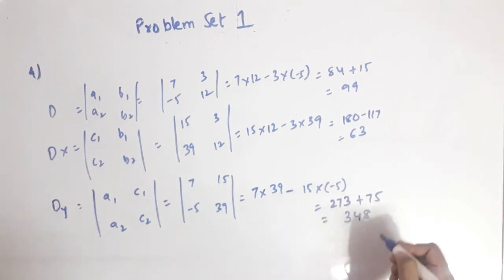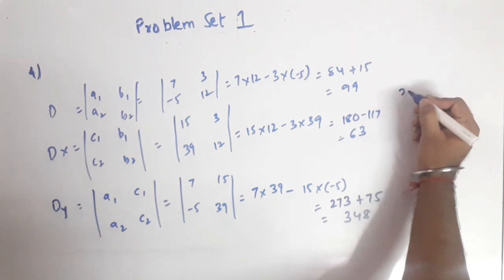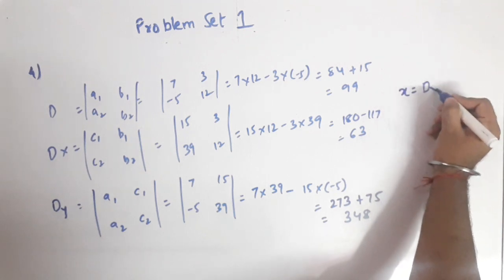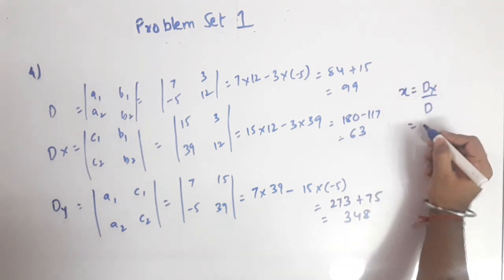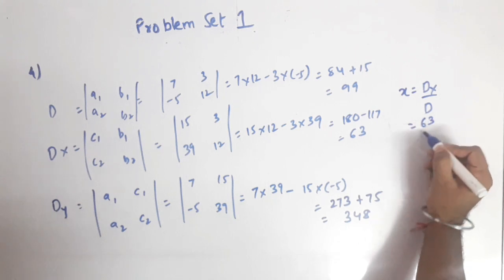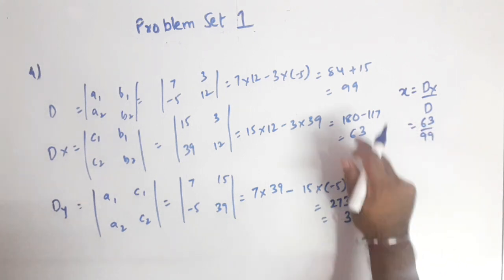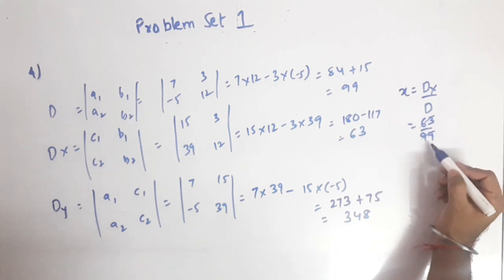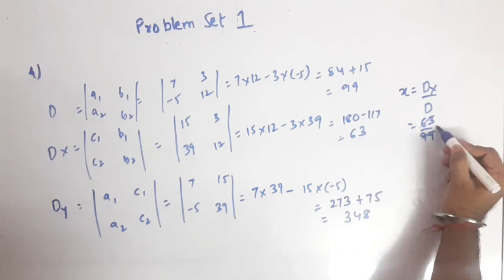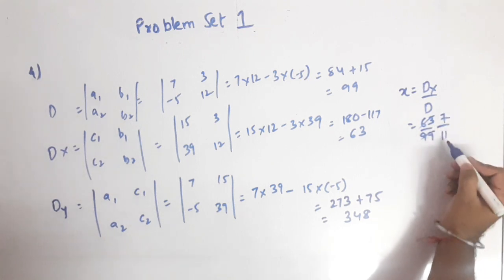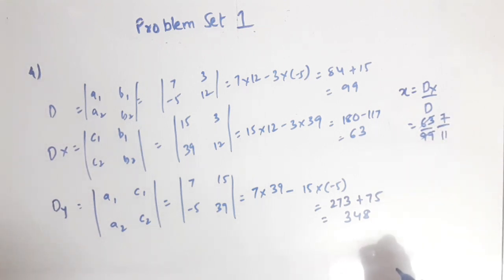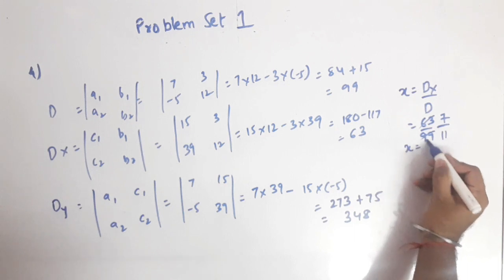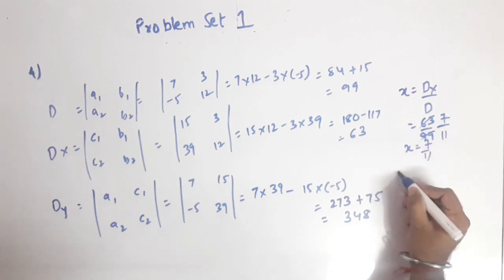Now you know the formula for x, it is dx by d, so I'll write dx as 63 by 99. Both can be cancelled by 9. 9 11s are 99, 9 7s are 63, so you got x as 7 by 11. x is equal to 7 by 11.